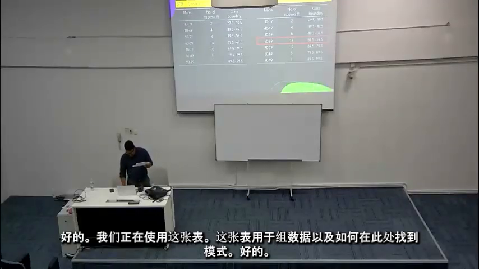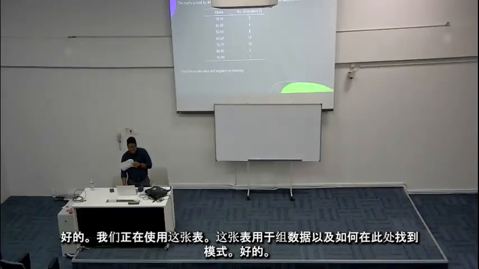Okay, we are using this table. This one is for grouped data and how to find the mode here.